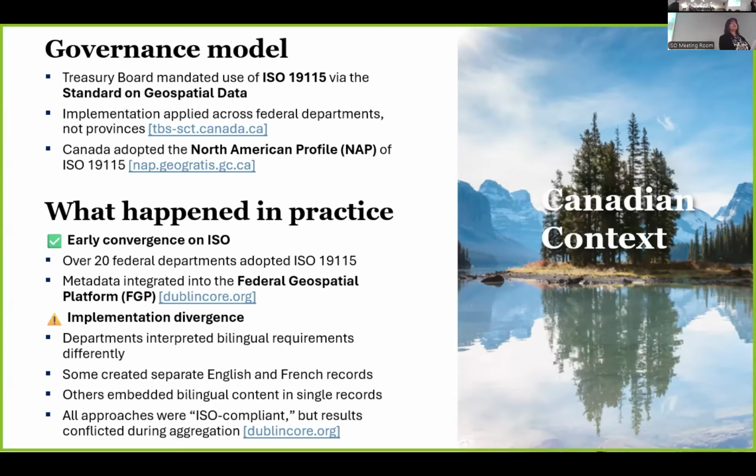It's not about changing the standard, but really about how adapting the standard through HNAP, with collaboration and joint implementation, made the difference between fragmentation and interoperability. We're sharing this experience from the Federal Geospatial Platform with the hope that it resonates beyond Canada, especially in ISO contexts where adoption is strong, but results are uneven.